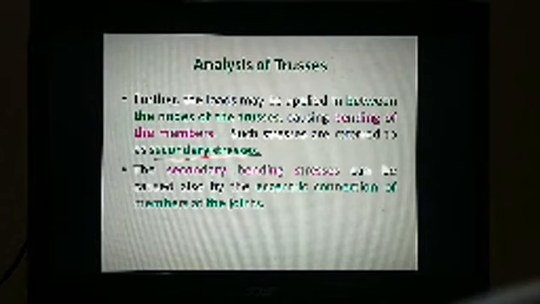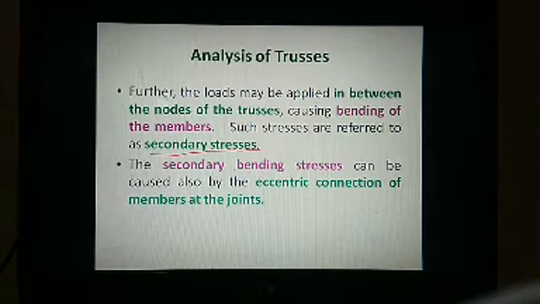So for trusses, there are two kinds of stresses to be considered. One is the primary stresses, which are called normal stresses. Normal stress, in the sense that the load is perpendicular to the cross section of the member, is going to be considered as the primary stress, and the secondary stresses are the bending stresses. The secondary bending stresses can also be caused by eccentricity at the joint.